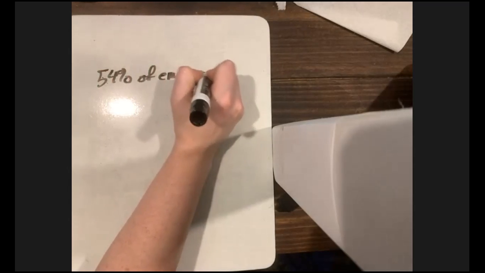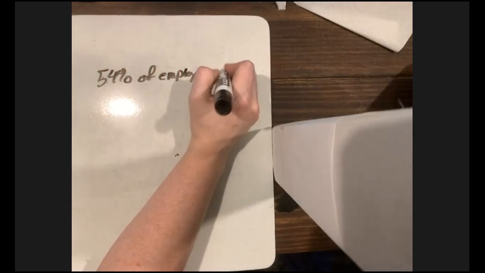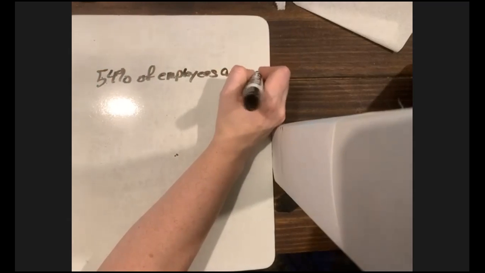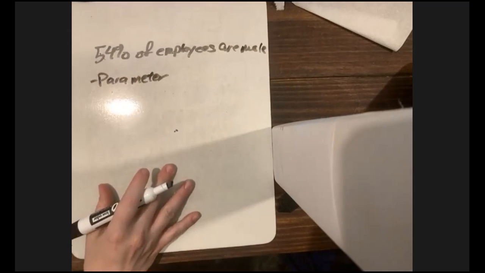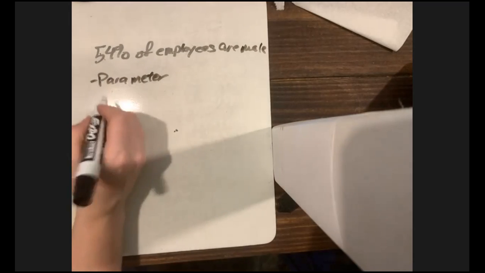So we have 54% of employees at a certain company are male. This is going to be a parameter because we are again talking about all of the employees at that particular place of business.